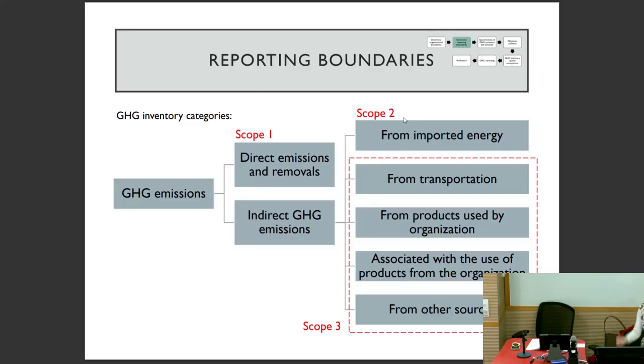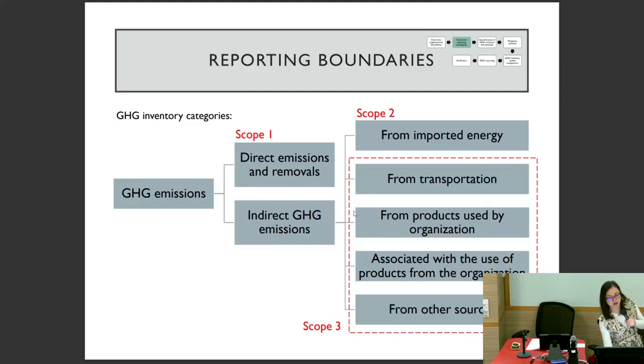So if you check out the town gas, there should be 2 emission factors, one for scope 1 and the other for scope 2. One is for direct emissions when you burn the town gas, and the other is scope 2, from imported town gas. These are indirect emissions far away in the town gas company.